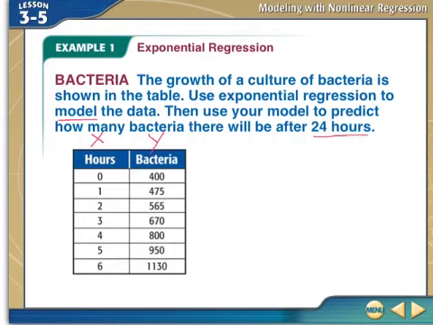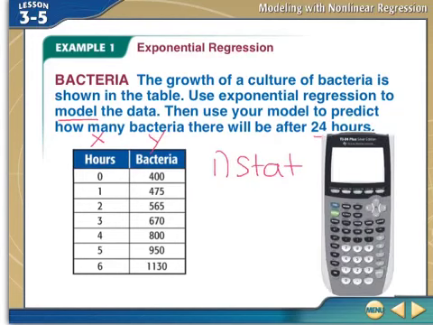So for step 1, we are going to enter our data into our list, so we have to go to stat on our calculator. Looking at my calculator here, my TI-84, TI-83s and 84s are all set up pretty much the same.